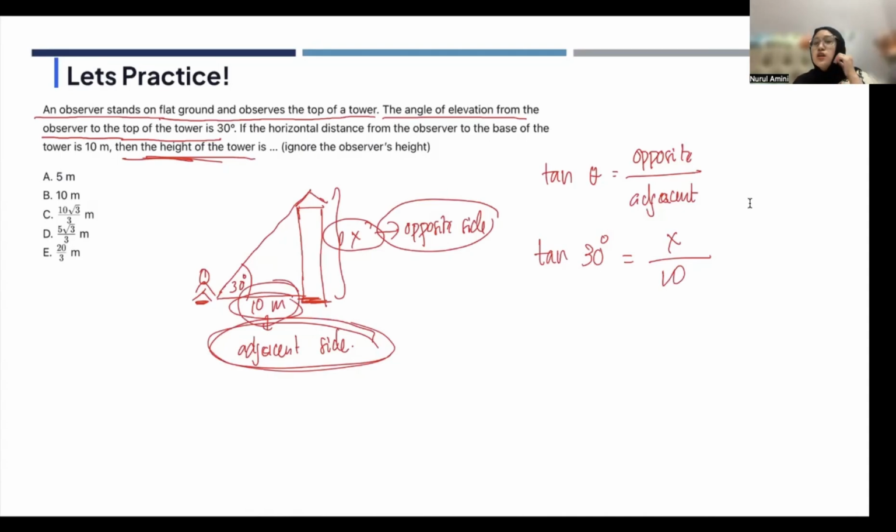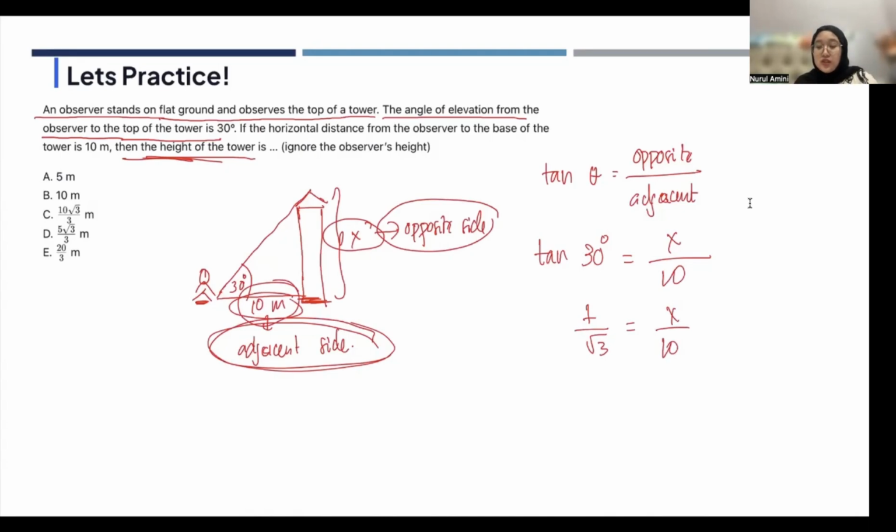Anyone know the value of tan 30 degrees? Yes, tan 30 degrees is 1 over root of 3, which equals x over 10. What is the next step?